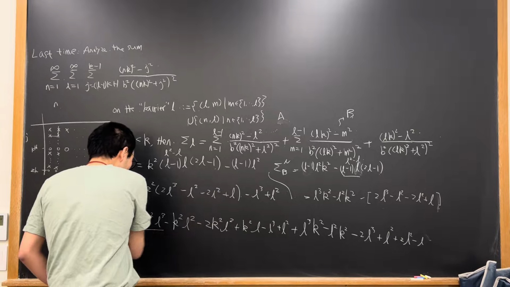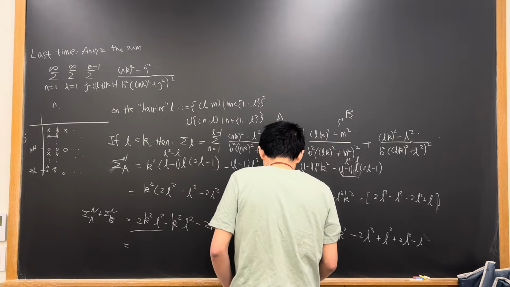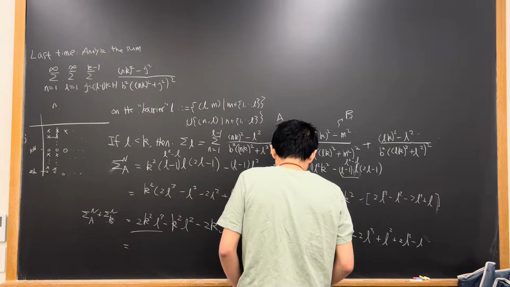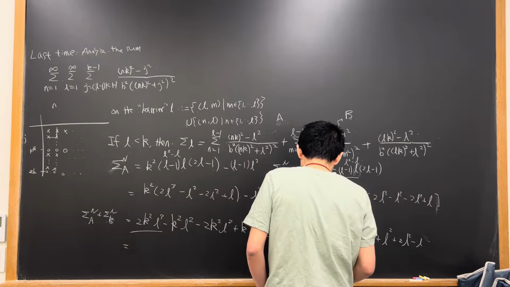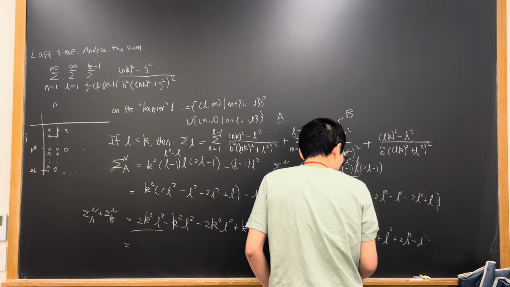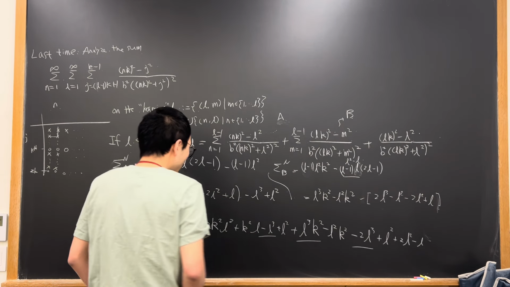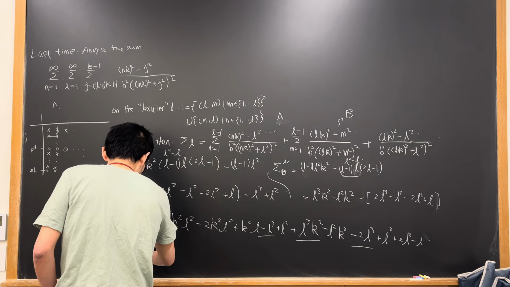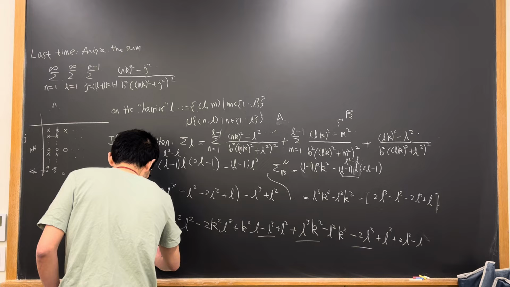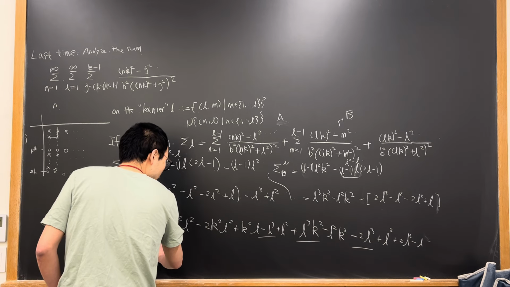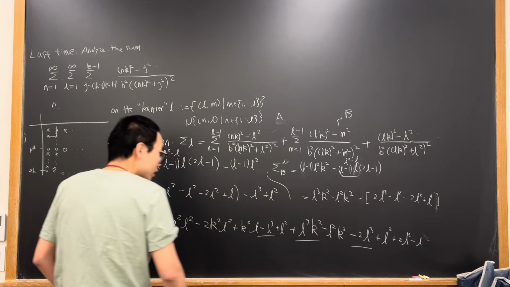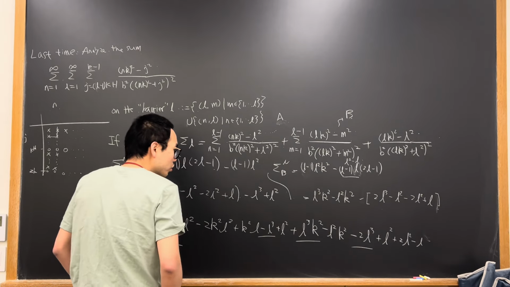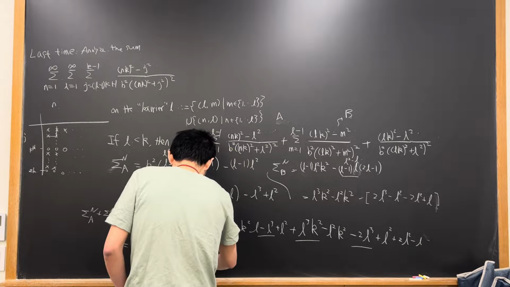So for L cubed, I get this L cubed here, and this one here, and also this one here. So what I have is 2k squared minus 1 plus k squared minus 2 L cubed.